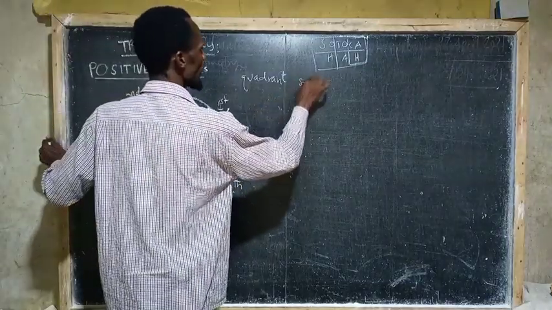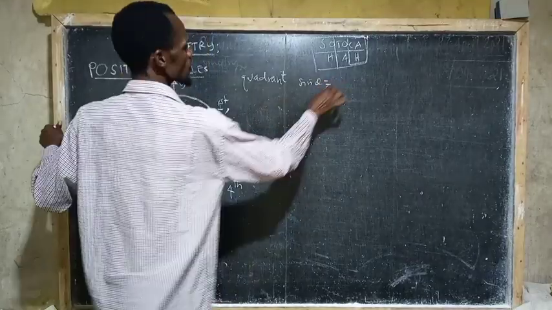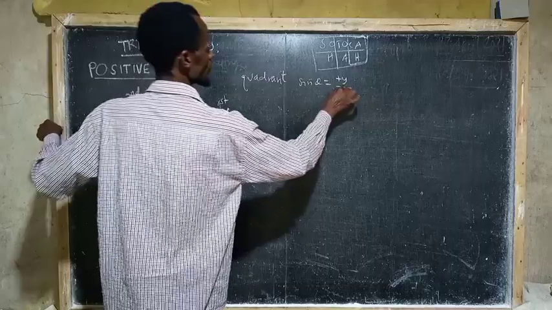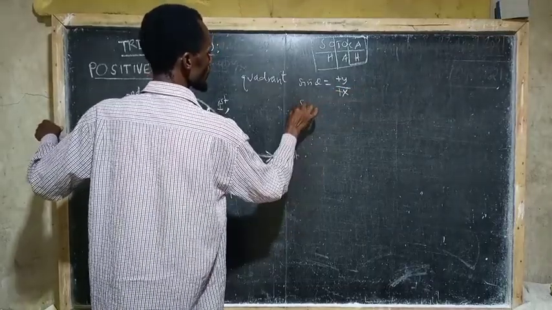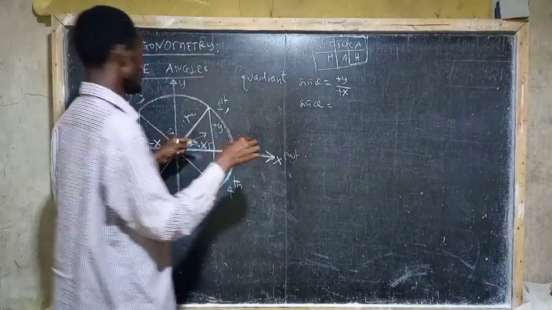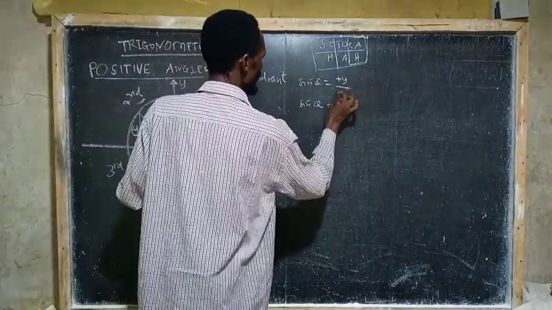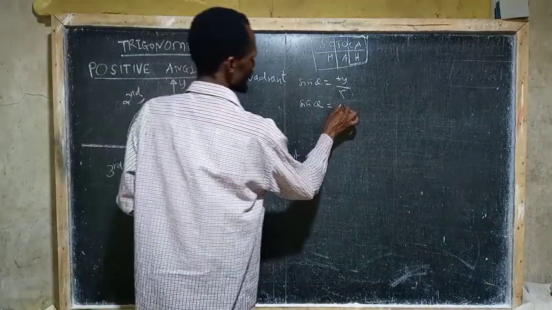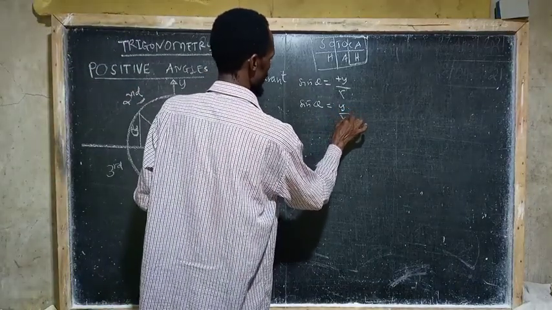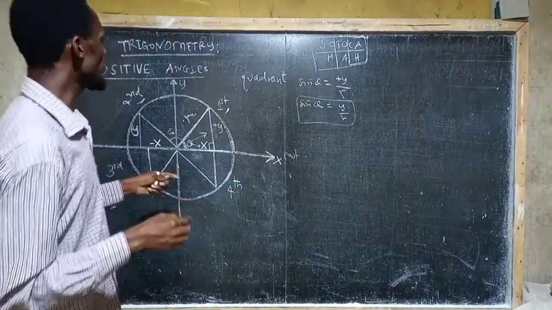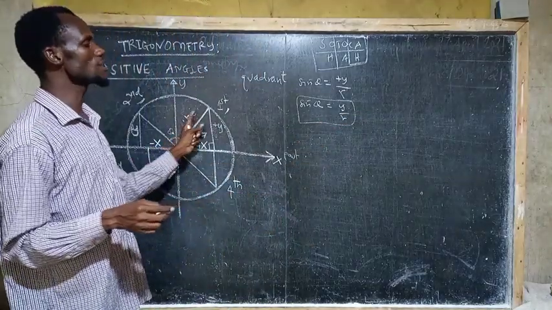So sine of an angle will be equal, opposite is positive y, over hypotenuse is r. Hypotenuse is definitely here. Now we have positive y over r. This is the sine of an angle. So in the first quadrant, sine is positive.